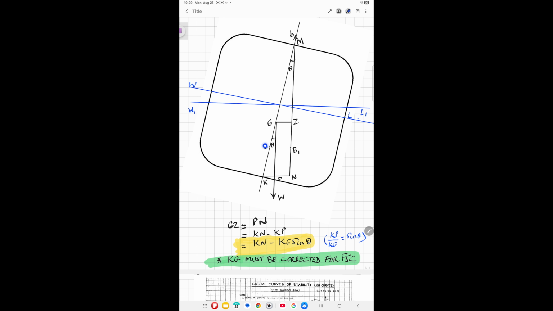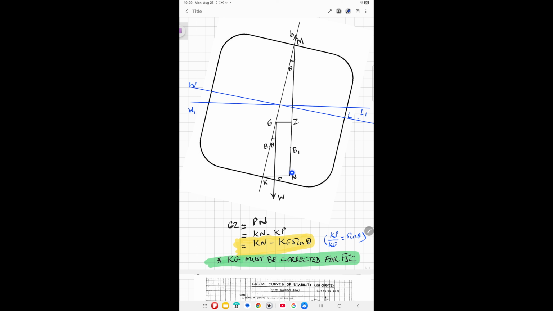Obviously when the ship is heeled to starboard, the center of buoyancy, which was earlier on the center line just below the center of gravity G, has now shifted out to B1, and we have now buoyancy force acting upwards through B1. This is the line of action for buoyancy force, which meets at the transverse metacenter.